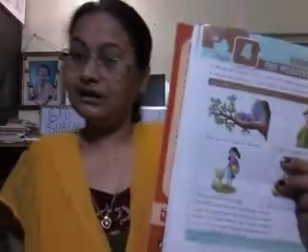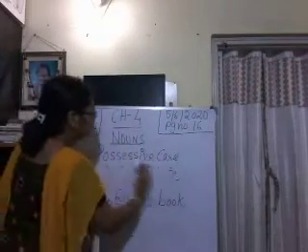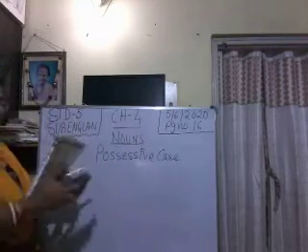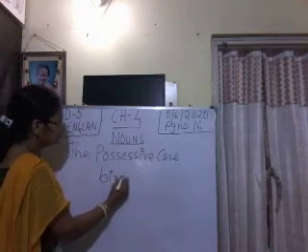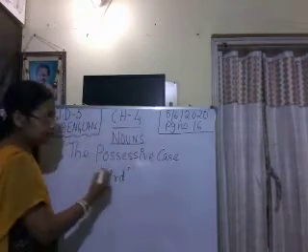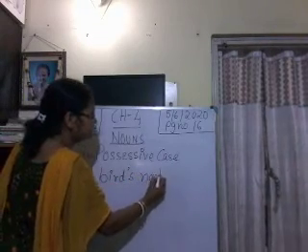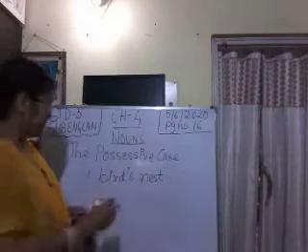Now this is father's cap. This is bird's nest. And this is Susan's dog. Let me show you. In the first sentence, see, there is a bird's nest. See, this is an apostrophe, this is S. Then in the second sentence, father's cap.